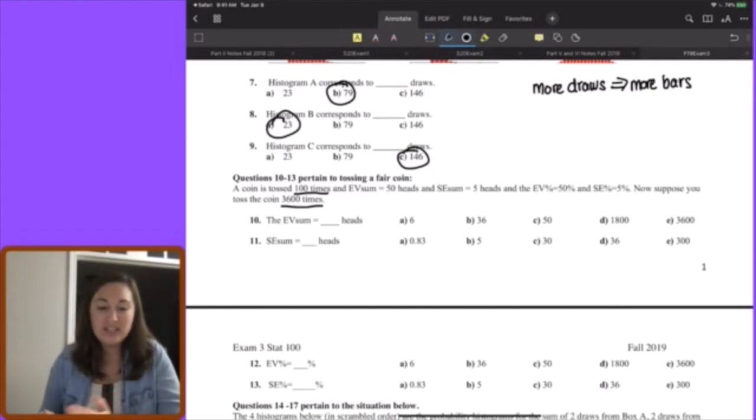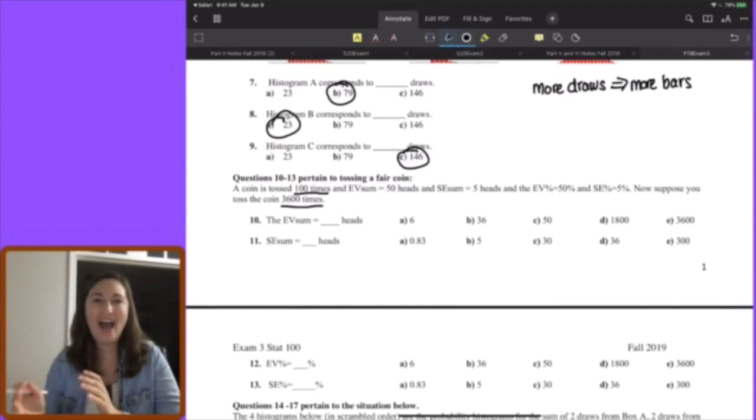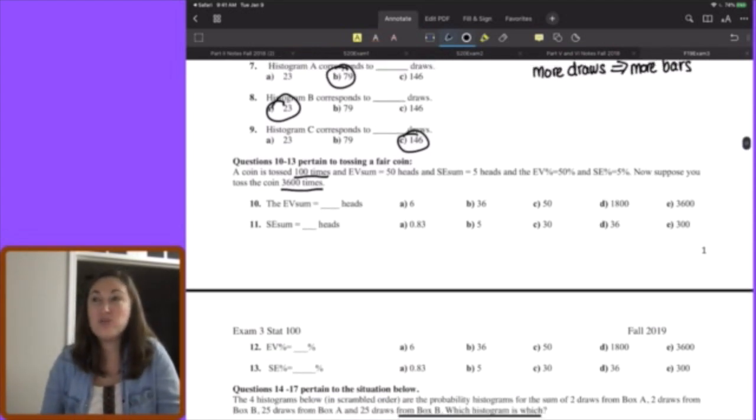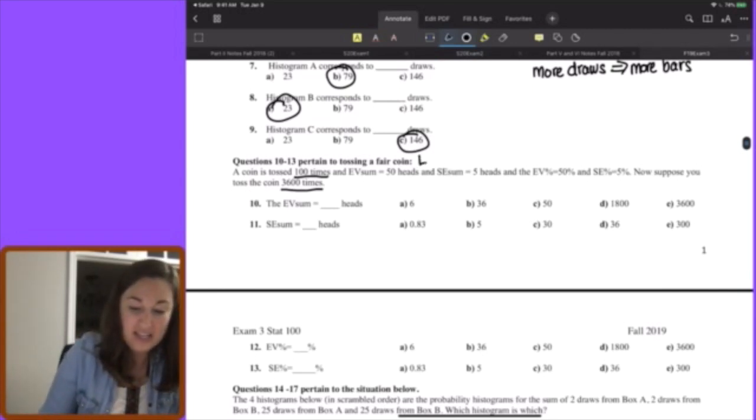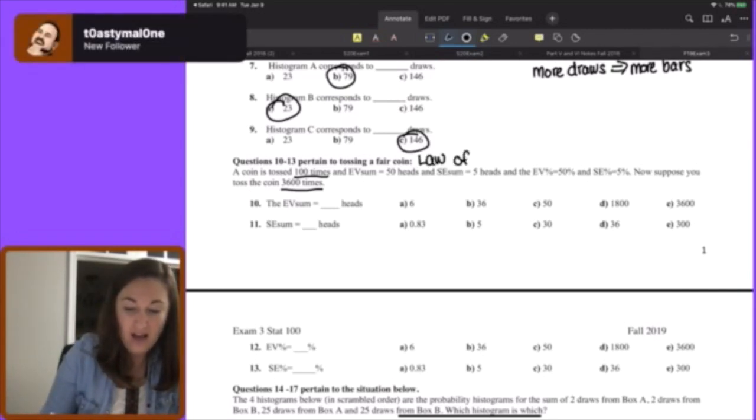So here, because we're looking at how n affects the standard error and the expected value, I would say this problem is involving the law of averages.